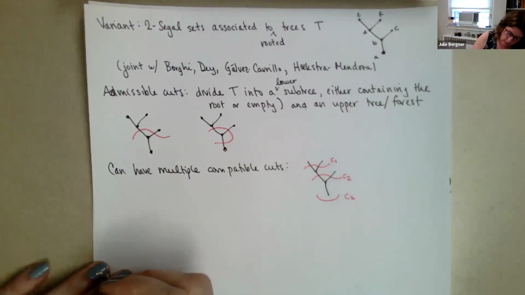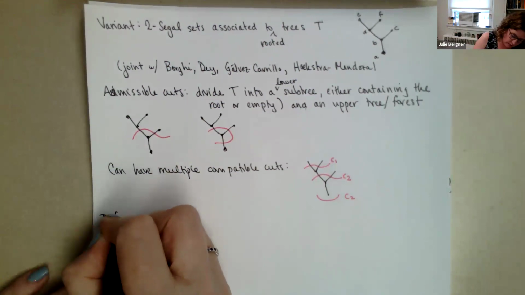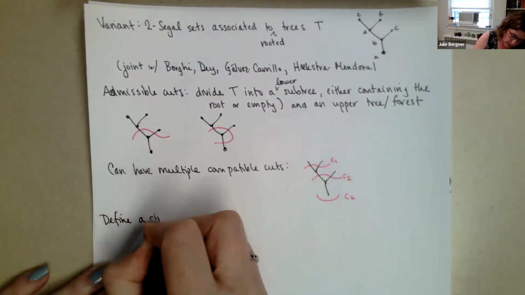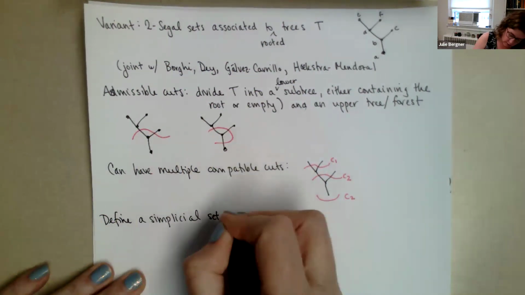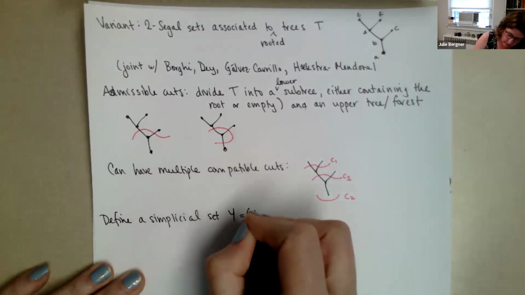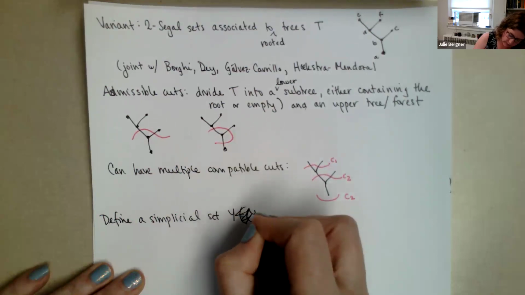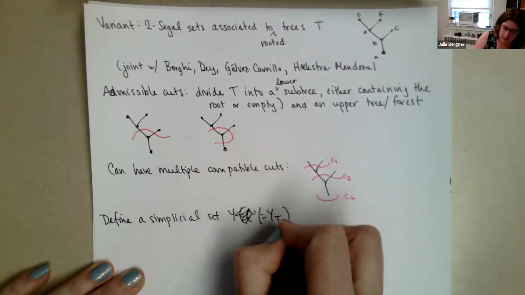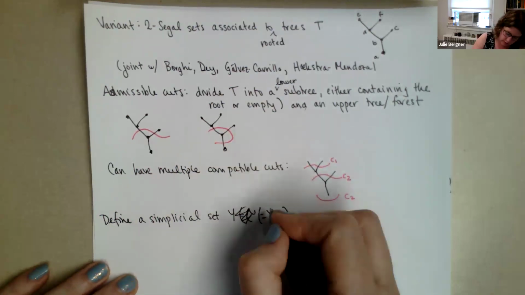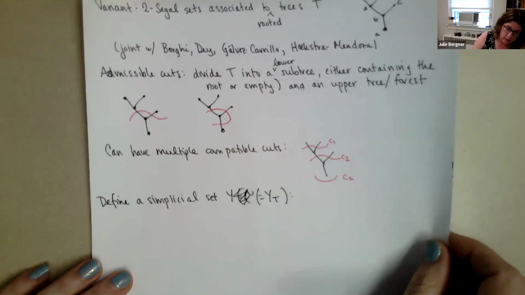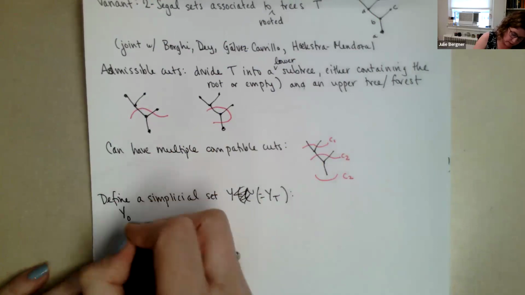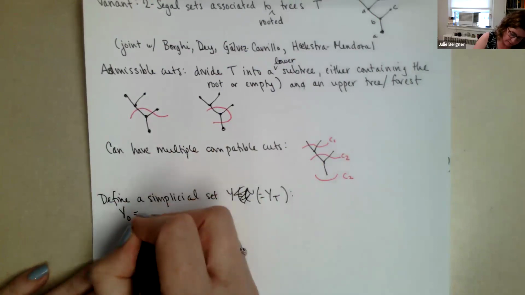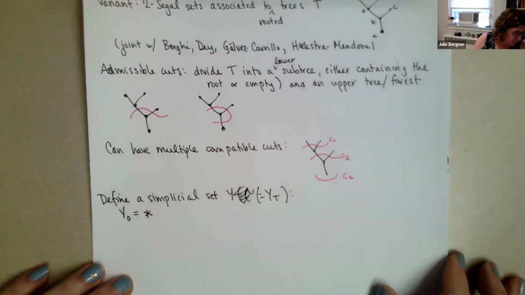All right, so we can define a simplicial set, which I'll call Y, or Y sub T if I want to emphasize the tree. Y0 is just going to have a single point.